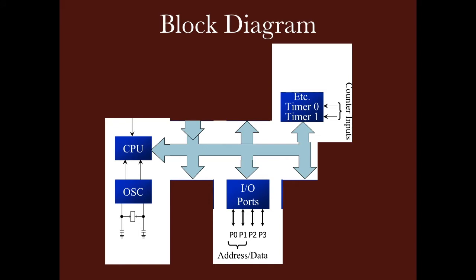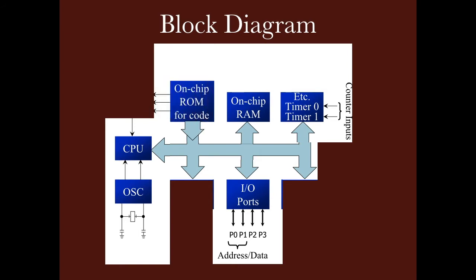When timers are used as timers, like for providing delays or for calculations, they use the internal clock. And when these timers are used as counters, then external clocks are given to them for operation, and these 2 pins for external clock are basically the pins of port P3 that we'll discuss in the coming slide.